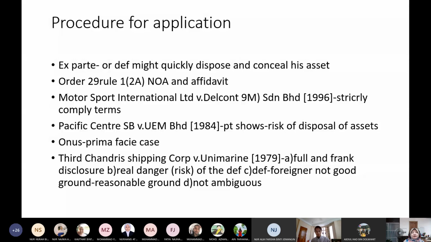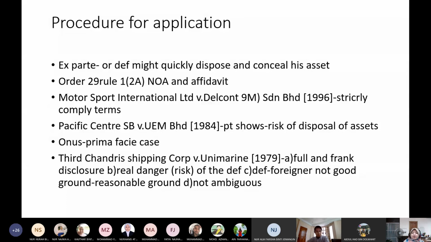In the case of Third Chandris Shipping, this is another case that you must know. In 1979, there are 4 requirements. Number 1, you must have full and frank disclosure. Number 2, there must be a real risk that the defendant is going to conceal or quickly dispose of their assets.